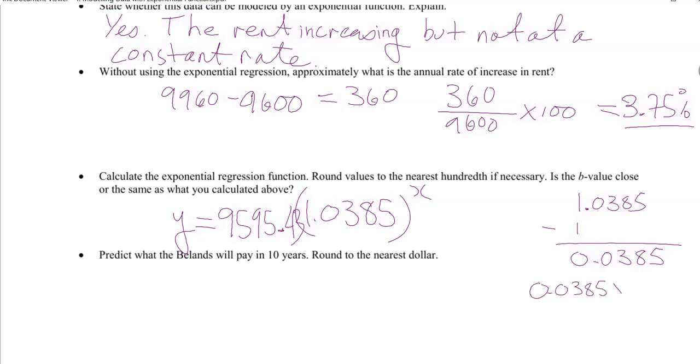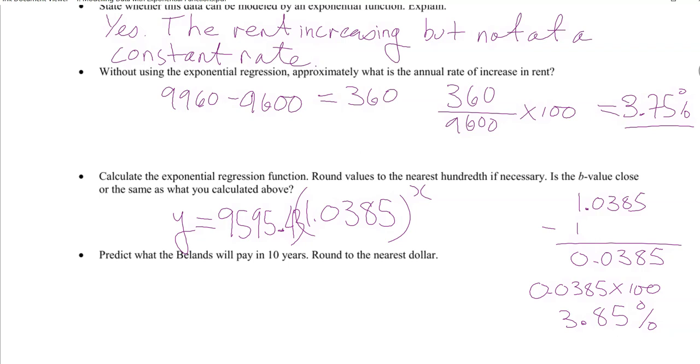To turn it into a percent, we multiply by 100. If you've got 0.75 and you want to turn that into a percent, you multiply by 100, you get 75%. So here, we subtracted 1, multiplied, and we get 3.85%, which we can now compare to the 3.75% and say, they're pretty close.